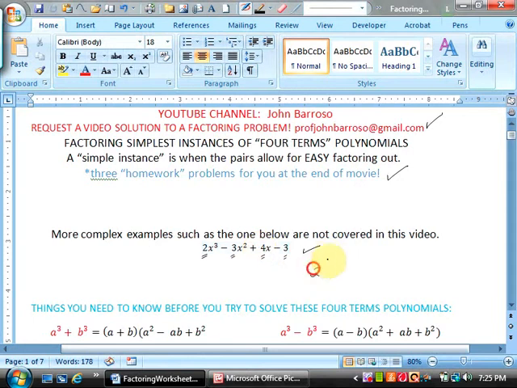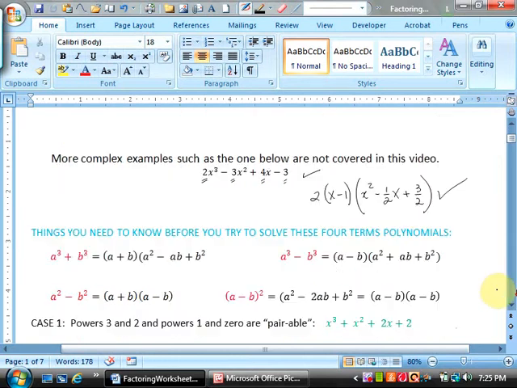The factoring after all is done is going to turn out to be 2x minus 1 in parentheses and then another parenthesis, and then here we get x squared minus half x plus 3 halves. Okay, but we are not going to work on complex cases like this.